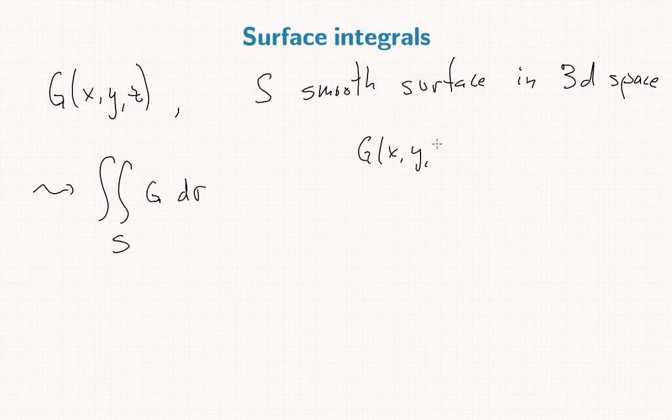So if g of x, y, z is the constant function 1, then this is recovering the surface area that we discussed in the last section.